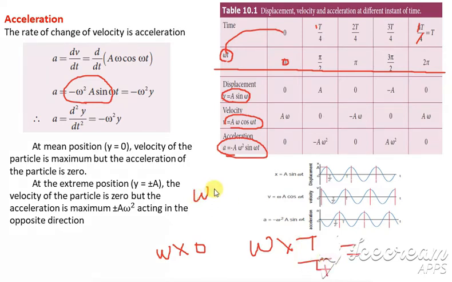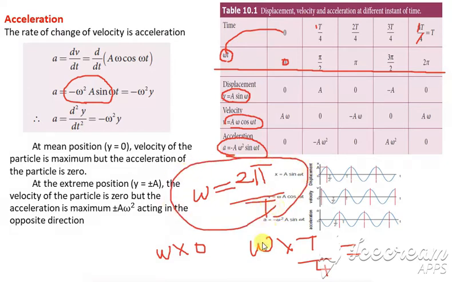Here we are going to assume the value of omega is equal to 2 pi divided by T. So this is the formula for omega. So substitute the value of omega here. So we get 2 pi divided by T into T divided by 4. Now T gets cancelled and one value of 2 gets cancelled. So we get pi by 2. So we are getting this value as pi by 2.